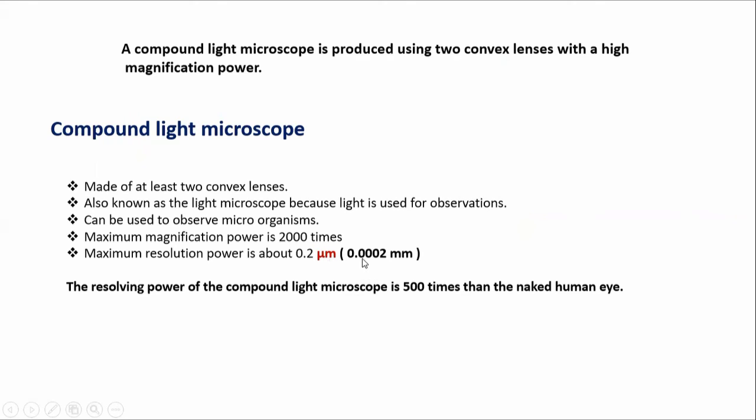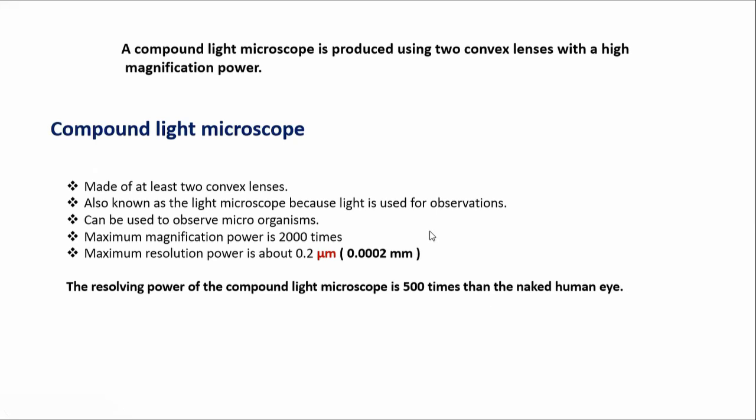It is also referred to as 0.0002 millimeters. The resolving power of the compound light microscope is 500 times that of the naked human eye. This will help you analyze how powerful the compound light microscope actually is.